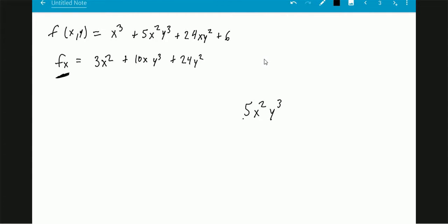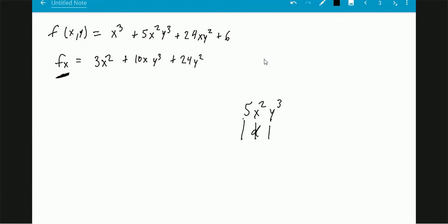This is literally 3 separate factors, a 5, an x squared, and a y cubed. Draw a line straight down underneath all 3 of those. Okay. Put a d for derivative on the variable you need to do the derivative of. So again, we're doing f sub x, derivative with respect to x.